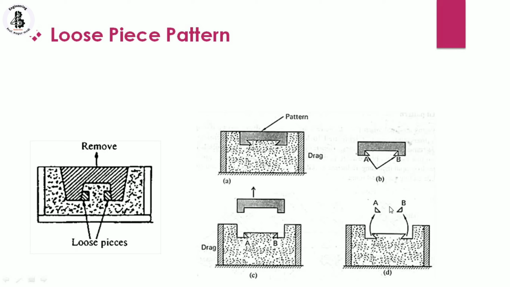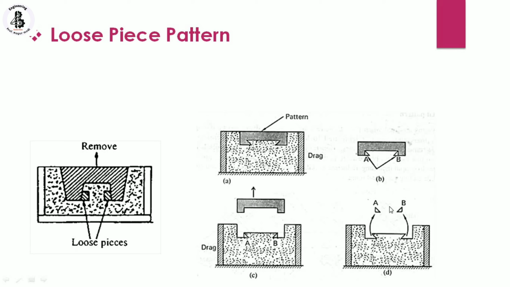This A and B are indicated as loose pieces. These loose pieces are used to make a complex geometry kind of mold cavity. Just you can see the first figure, that will be my required shape, but this kind of pattern has difficulties in being removed from the sand mold. So you can make a simple pattern like this, so it will be easily removed.